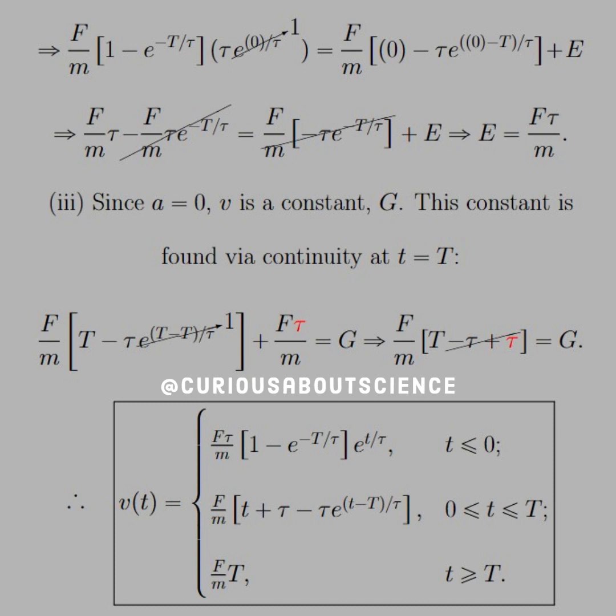Since A is equal to 0, V is a constant, say G, and the constant is found via the continuity at T equal big T. Anytime we take the time derivative of a constant, it goes to 0. So set everything equal to each other at big T, let it simplify through, and we see that the tau's cancel, so our actual constant is F over M times big T, which kind of makes sense.